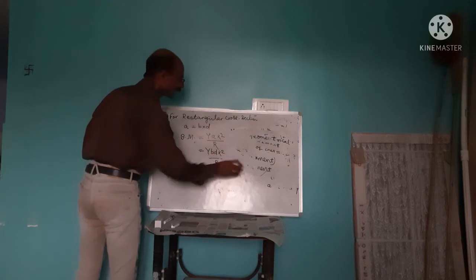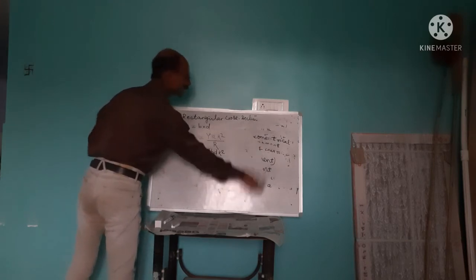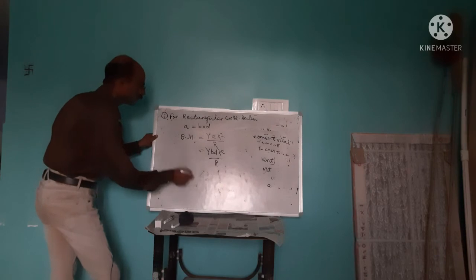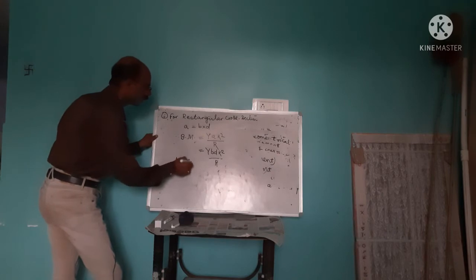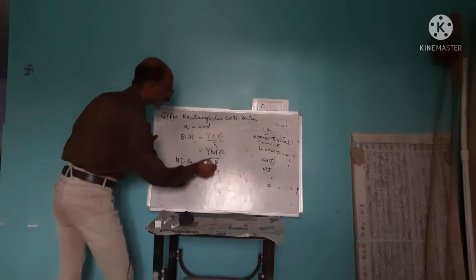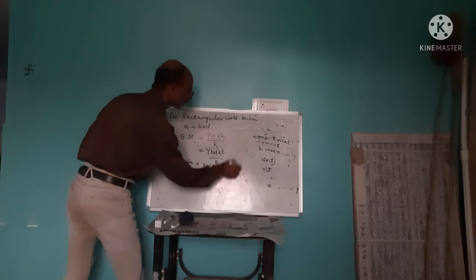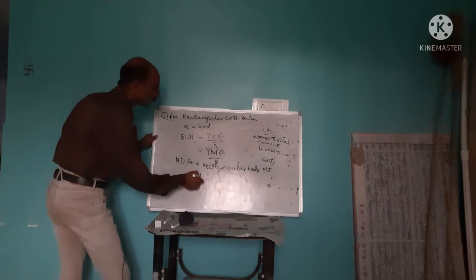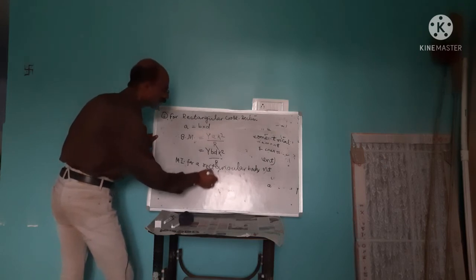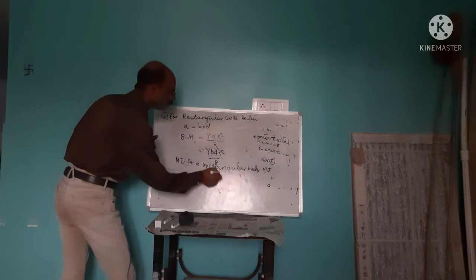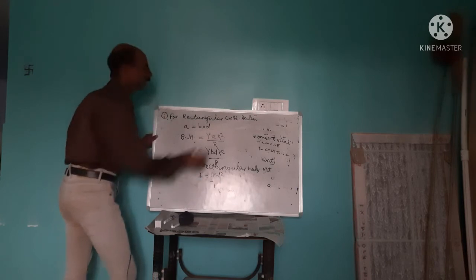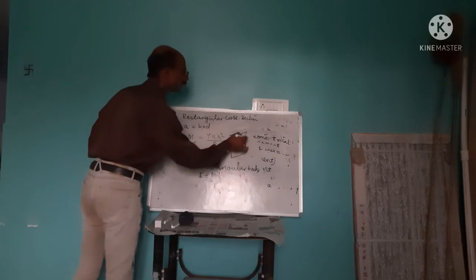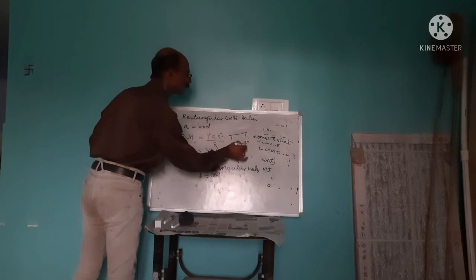But for a rectangular body, we can write moment of inertia I is equal to m d square by 12. See, this is D and this is B. We have EF here.